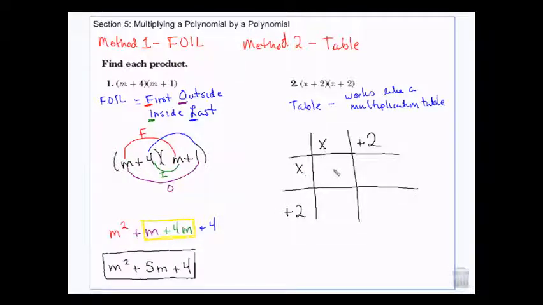And it works the same as a multiplication table. x times x is x squared. x times 2 is 2x. 2 times x is 2x, and 2 times 2 is 4. So this works exactly the same as your multiplication table did. And when you have this situation, your like terms will line up on diagonals.